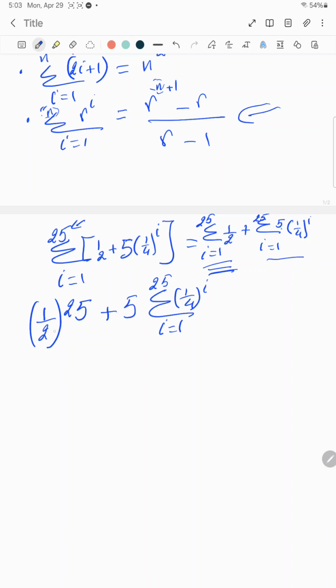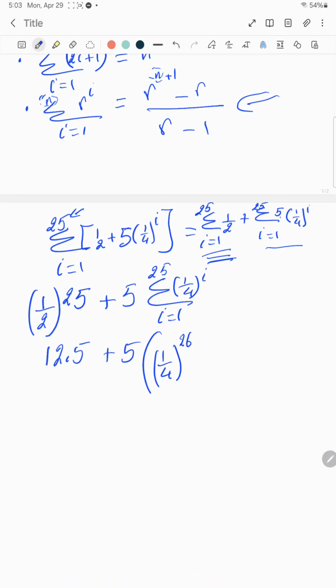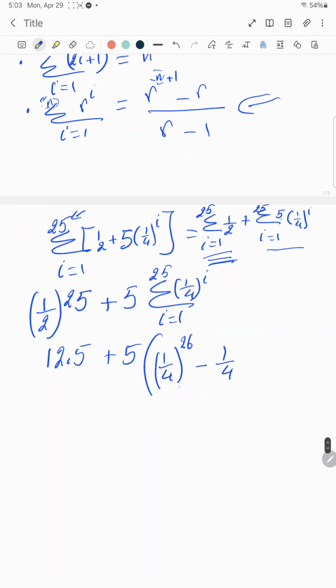So 25 divided by 2 is 12.5 plus 5, and I open my parentheses. In that case my r is 1/4. It's 1 over 4 to the power of, my n is 25, so 25 plus 1 is 26, minus the r, which is 1 over 4, divided by 1 over 4 minus 1.